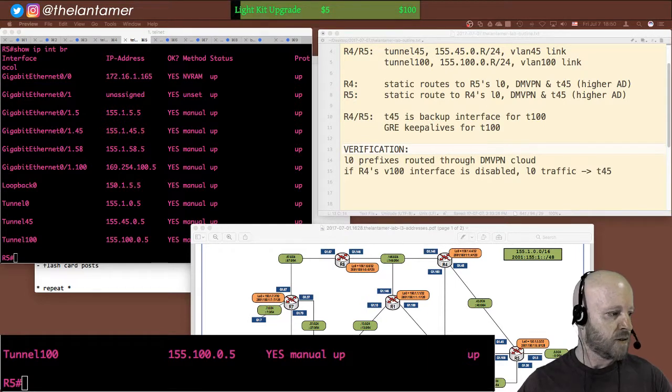It wants me to use the VLAN 100 Ethernet link. What it's really saying is it wants this to be via not just the physical link, but via this other tunnel, tunnel 100.